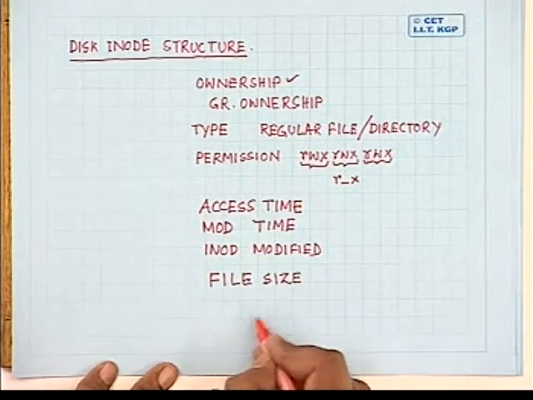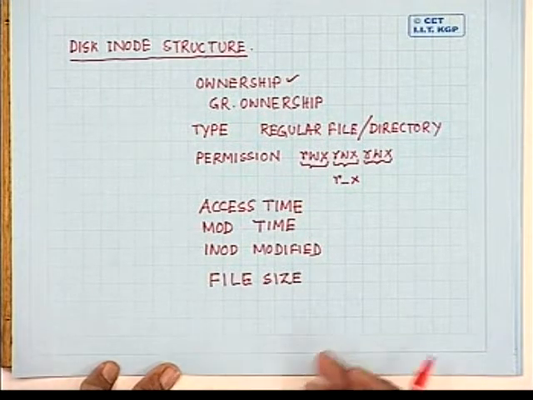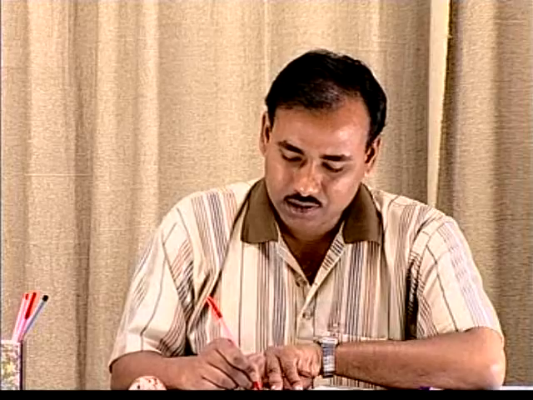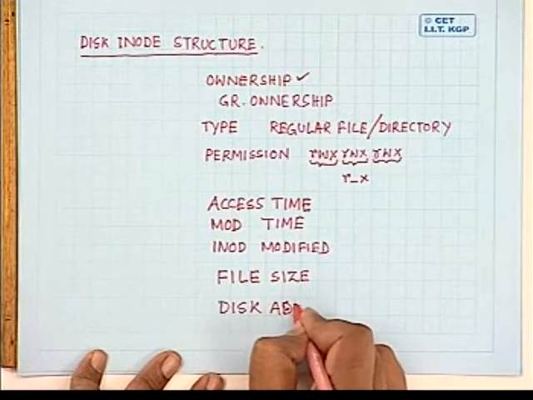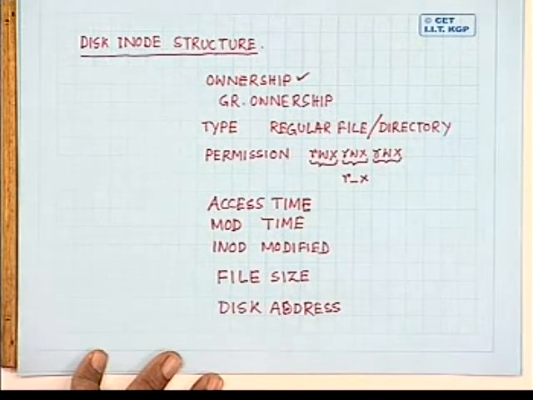And the most important information, of course, all of them are important, but so far as data access on the disk is concerned, we have to have the information about the disk addresses of different data blocks. Okay.